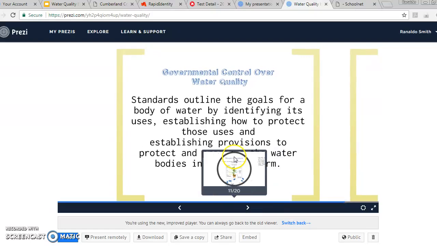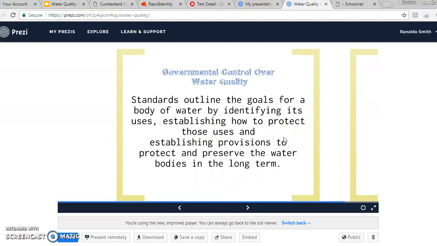We have two main laws that govern the water inside the continental United States: the Clean Water Act and the Safe Drinking Water Act.